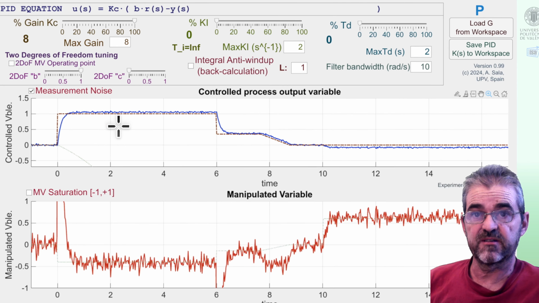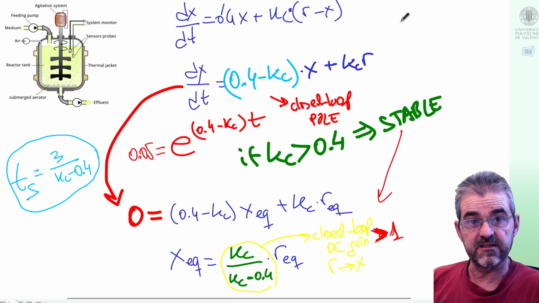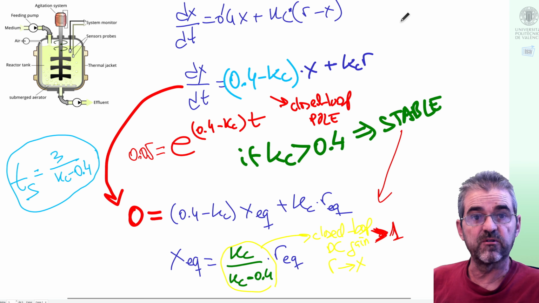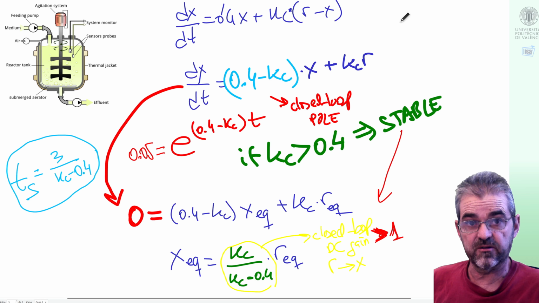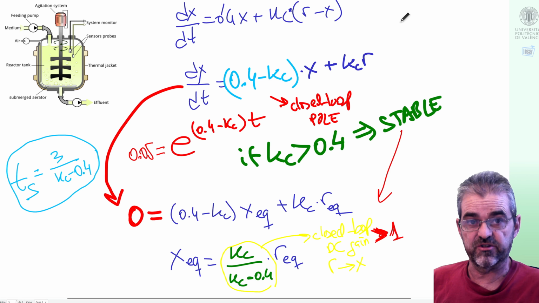So, in summary, in this video we have computed closed loop stability and closed loop DC gain for an unstable bioreactor under proportional control, and we have deduced that the final value will be slightly above the reference 1. This is the position error from proportional control. The higher the control gain is, the faster the transient will be, and the smaller the position error in equilibrium will also be.